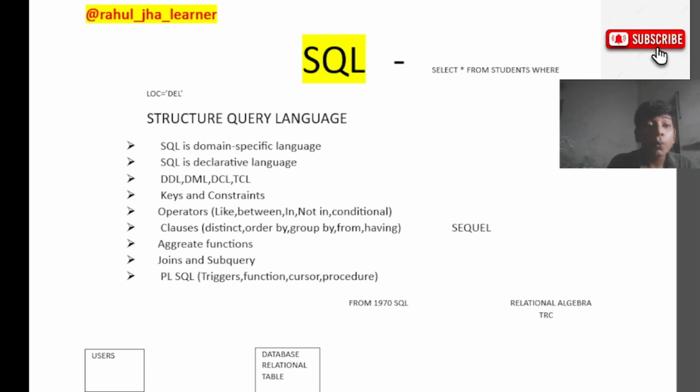Then we have clauses: distinct, order by, group by, and having, which we also majorly use inside queries. Then aggregate functions: min, max, average, count. These are the different aggregate functions we use.